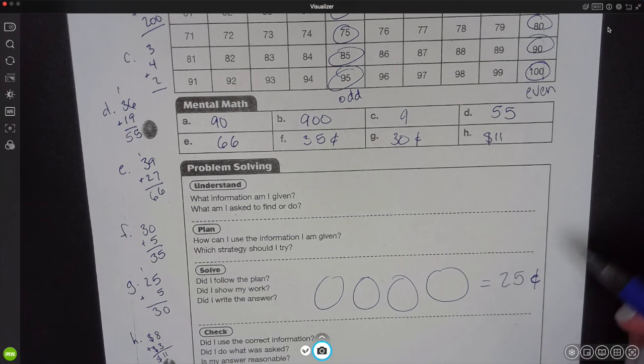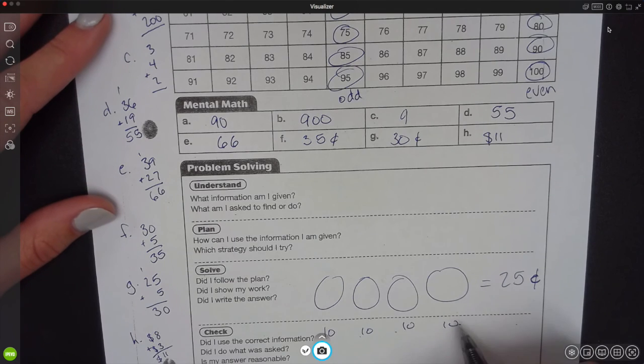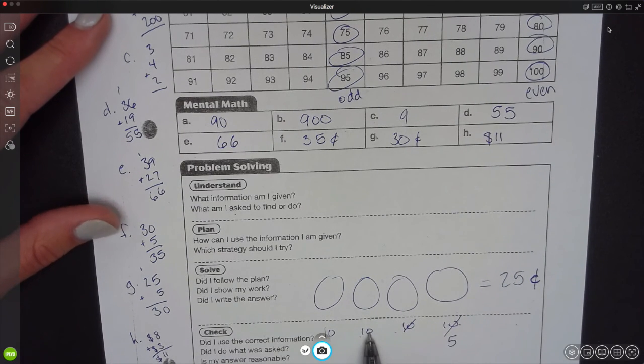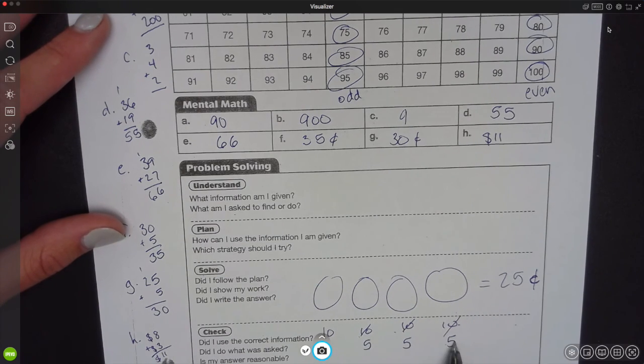All right? So I'm going to start with all of these dimes. What if I had 10, 10, 10, 10? 10, 20, 30, 40. Well, that's too big, so I'm going to change this down to a 5. 10, 20, 30, 5. Well, that's still too big. Change this one. 10, 20, 25, 30. Well, that's still 5 too big, so let's change the next one down 1. 10, 15, 20, 25.